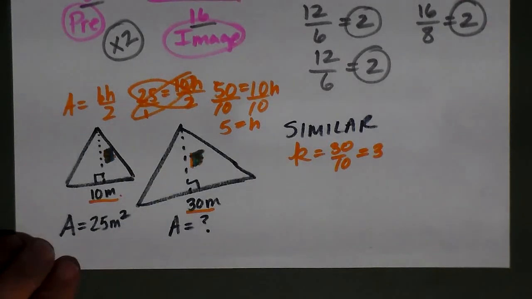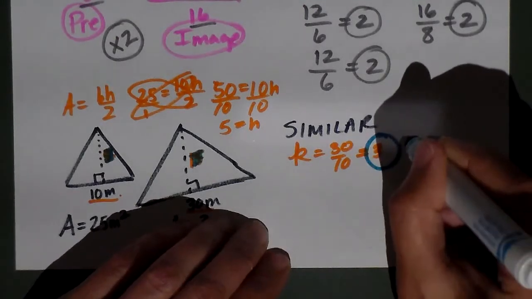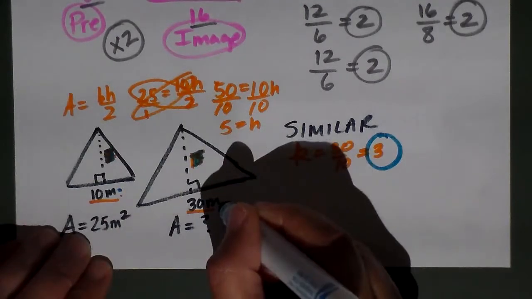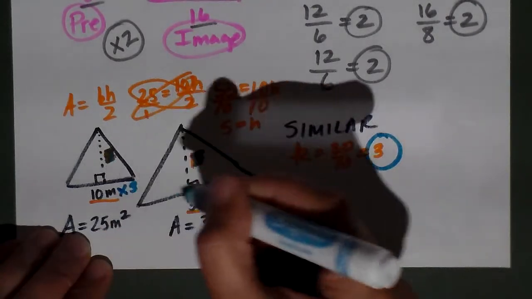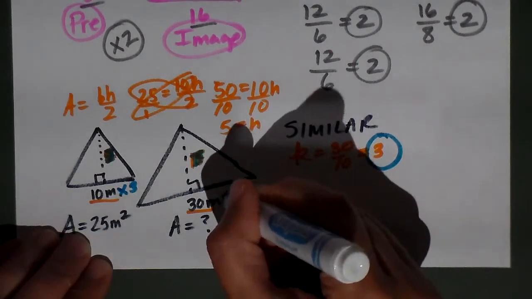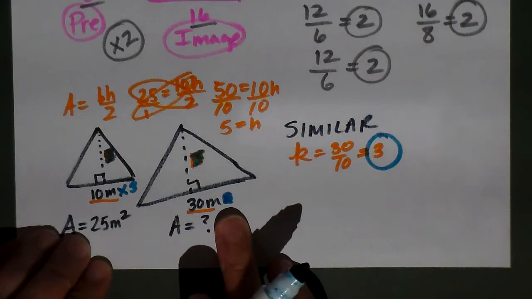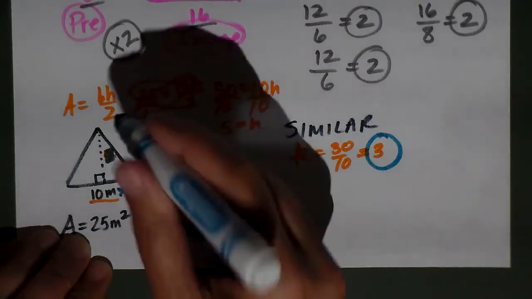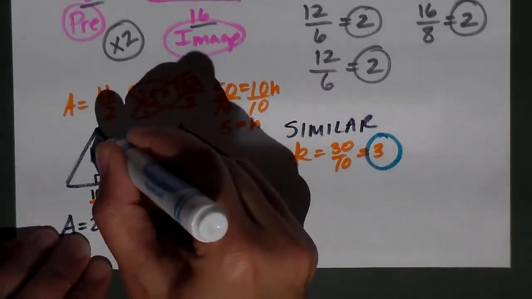When I increased the size of this triangle, I had to multiply the base by 3. But what else am I having to multiply by 3? I have to multiply the height by 3 also.